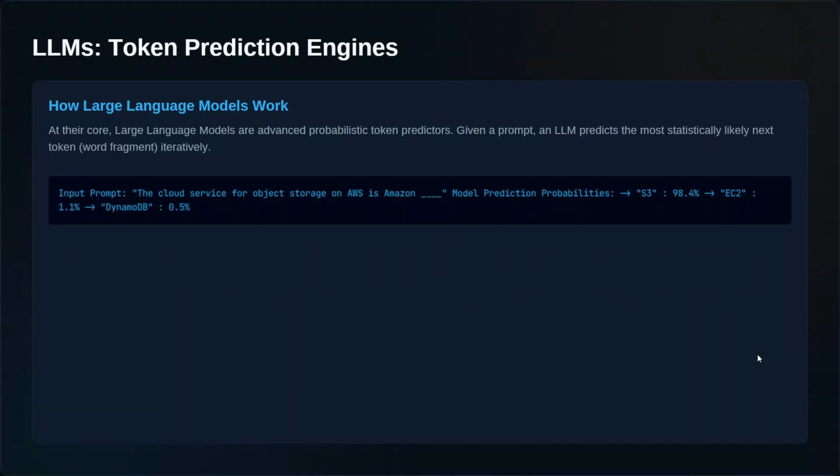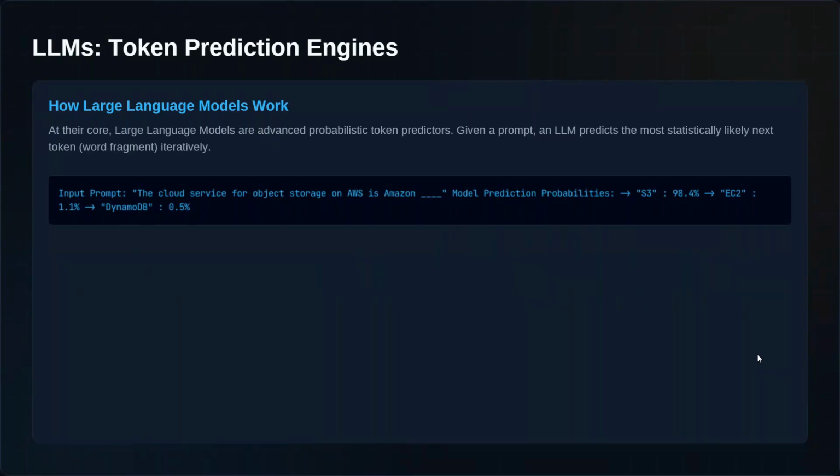So, strip away the marketing hype and what is a large language model at its core? It's a massive probabilistic token predictor. A token is just a word fragment, roughly 4 characters of text. When you feed a prompt into an LLM, the model doesn't think like a human.